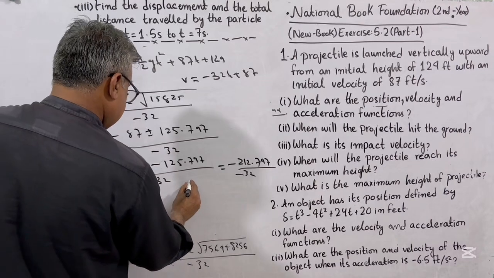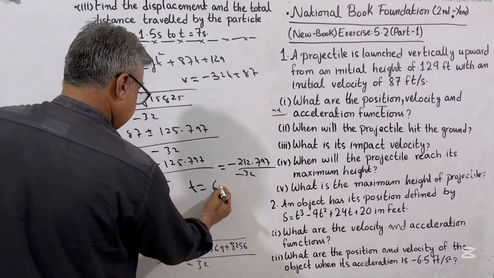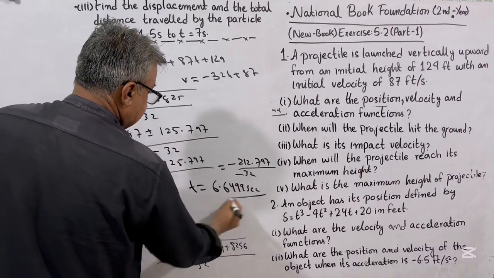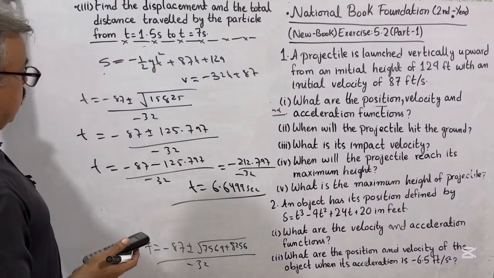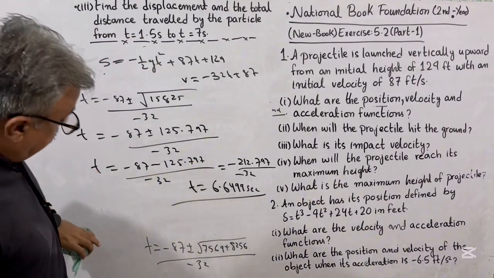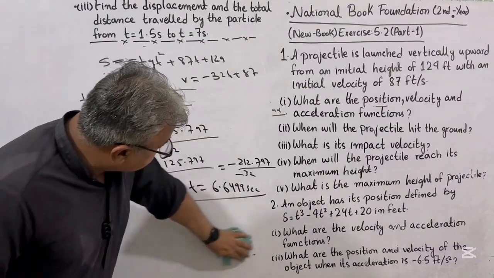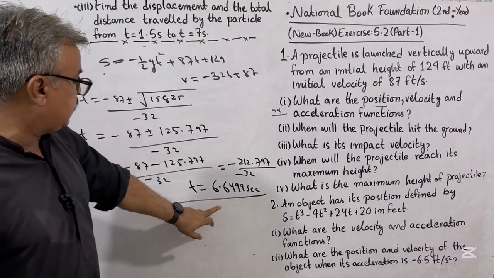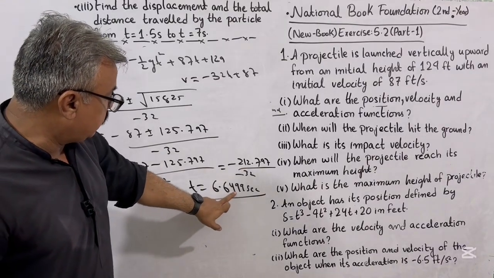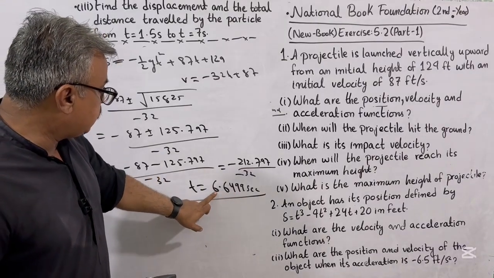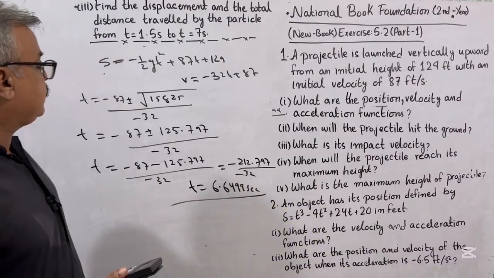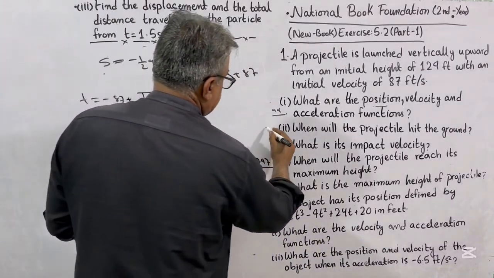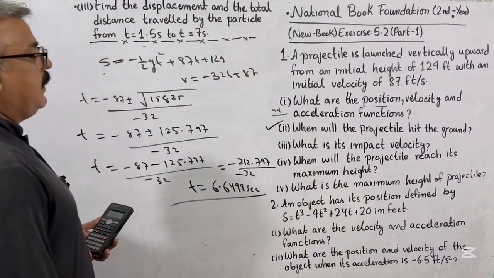We have t is 6.6499 seconds. After 6.6499, almost 6.65 seconds, the projectile hits the ground. That is the part that we have solved.